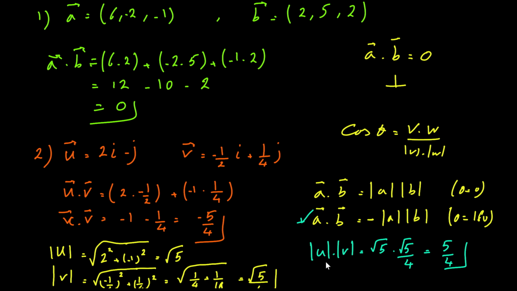Now let's do one more example of the dot products, and then we will move on to the cross product. For this example, we have a vector P, which is equal to 2, 8, and negative 1, and the vector Q is x, negative 1, and 2.